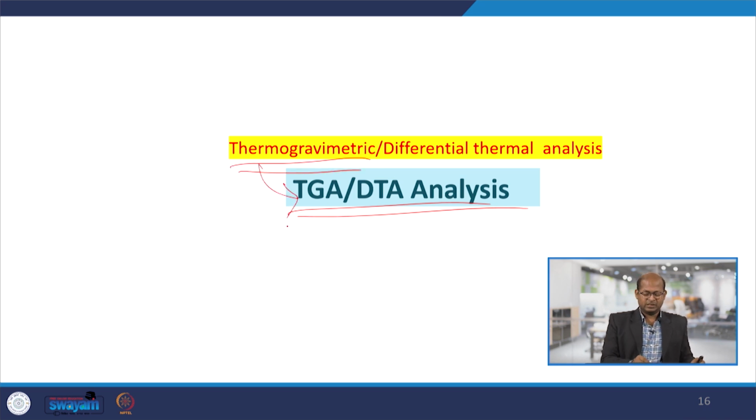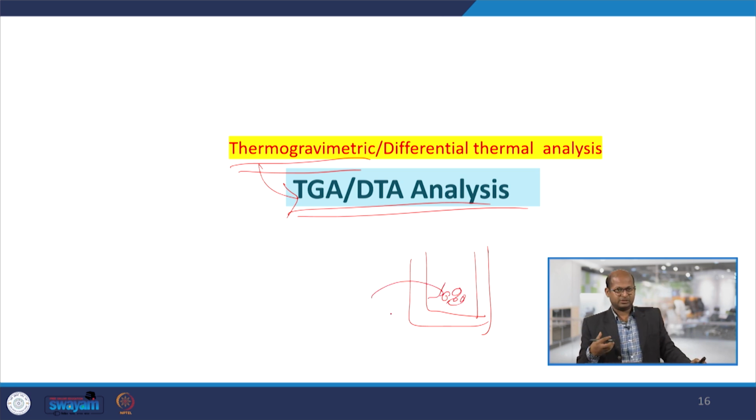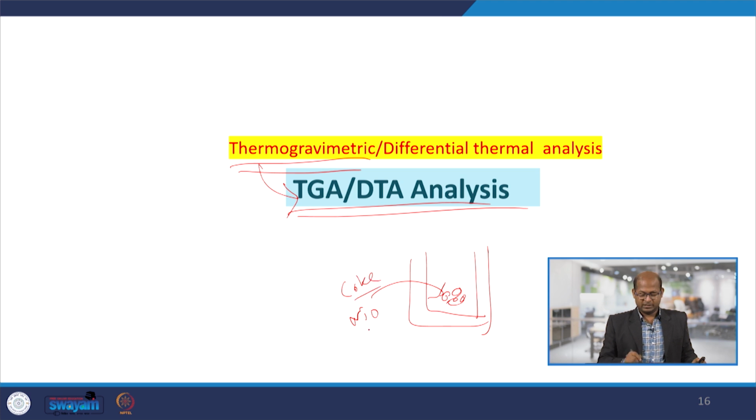In TG analysis, suppose in a material, let us say this is a catalyst, some materials get adsorbed or deposited, let us say in our nickel catalyst coke is deposited. That may be 0.001 gram of coke deposited per 1 gram of nickel oxide catalyst.